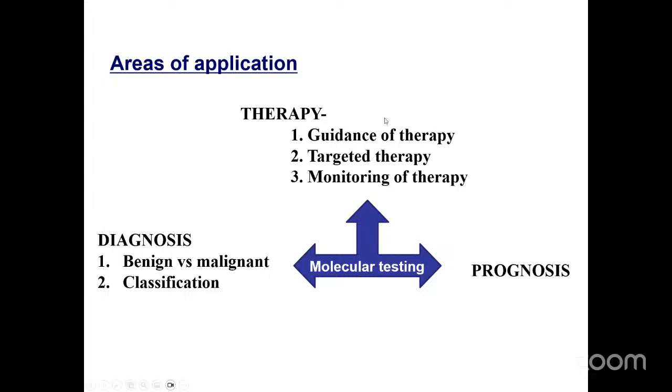That is very helpful for guidance of therapy, and also for monitoring of therapy. Minimal residual disease testing uses a lot of molecular markers, and that would be an example for monitoring of therapy.